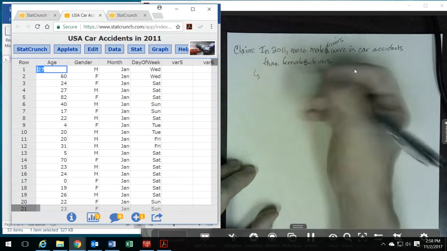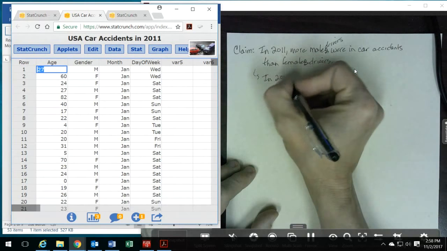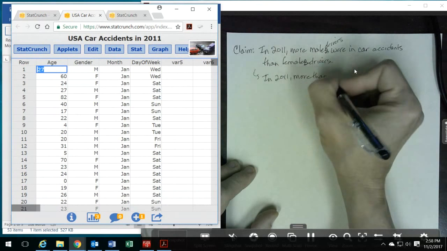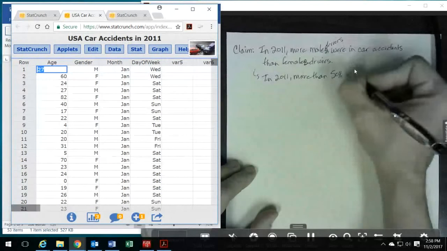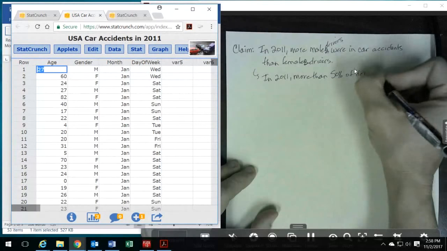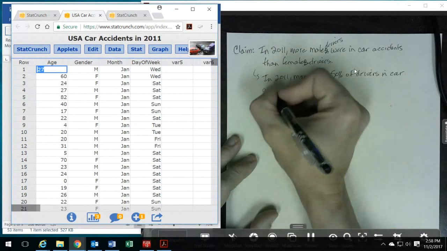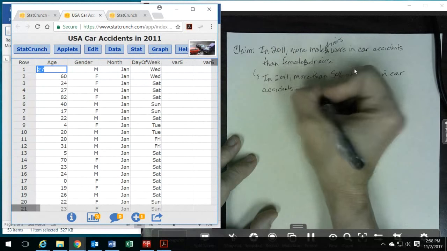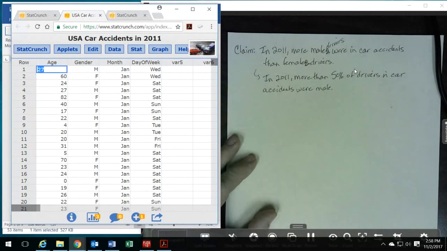So we could even amend this a little bit further. We could say more than 50% of drivers in car accidents were male. That way it makes it really specific.